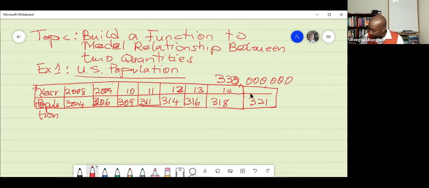Okay, so this is the population of the United States from 2008 to 2015. Now, remember each state gets its own population too: Maryland, New York, California. When you add up all these states, that's how you get the national figure.